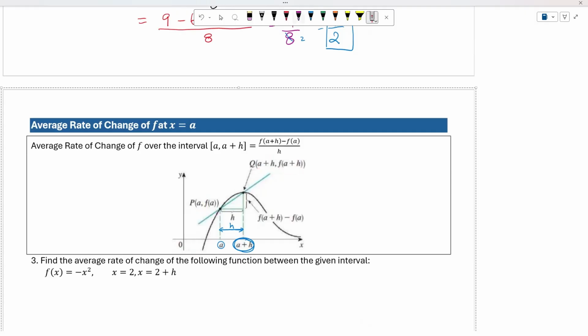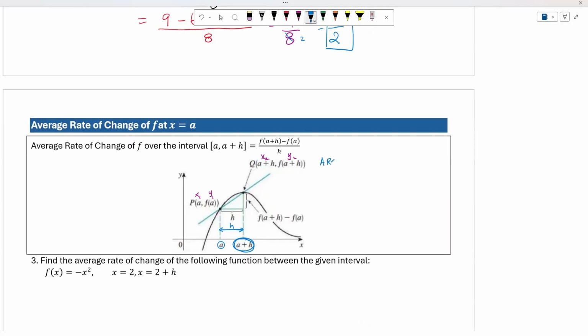Then now, let's see. So again, this is x1, this is y1. This is x2, this is y2. Okay. Then now, what we have here, we will have this, okay?